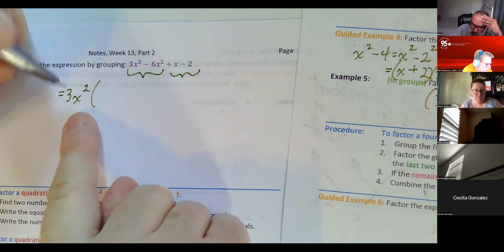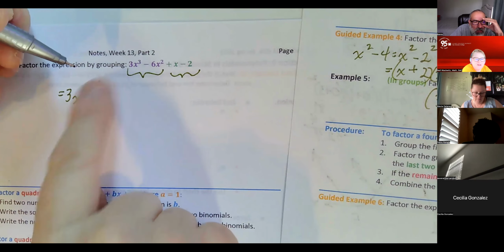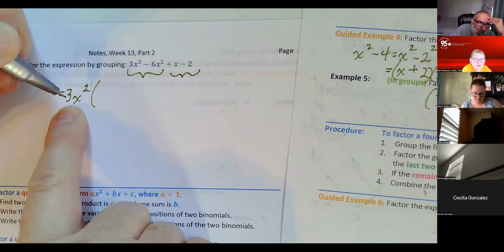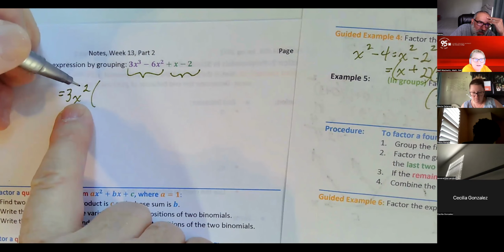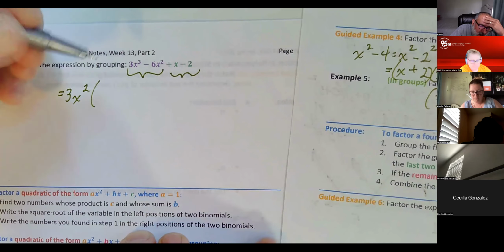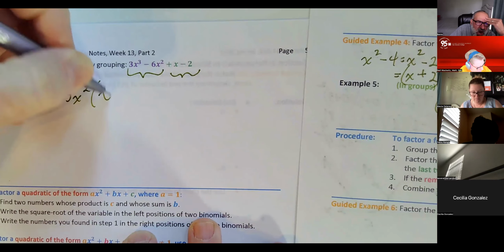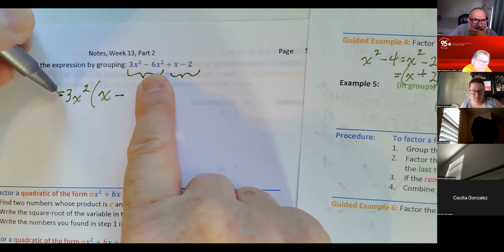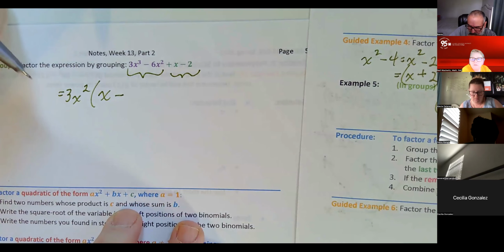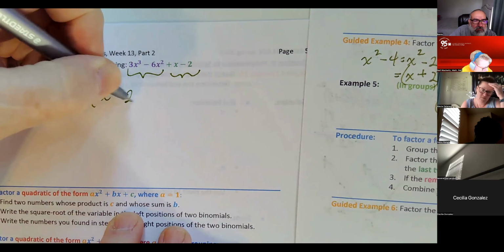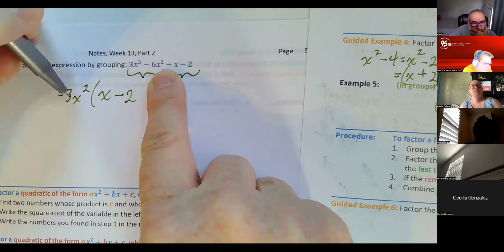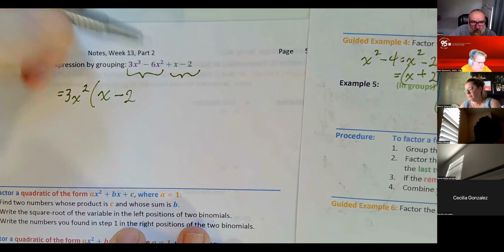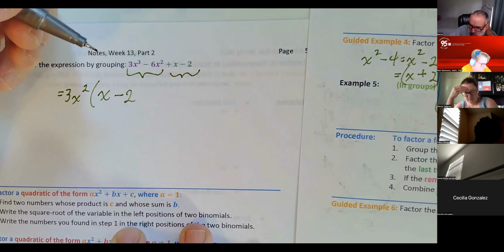3x cubed divided by 3x squared. The 3 divided by 3 is 1. What about if I have 3 x's and I take out 2, what's left? 1. Good. Then I have a minus sign. 6 divided by 3, 2. And I have 2 x's and I pulled 2 x's out. How many x's are left? 0.